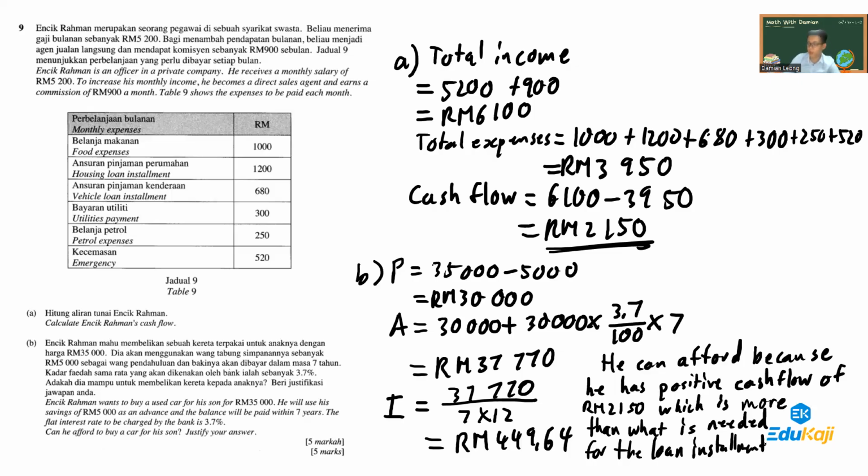Yeah, basically something like that. You don't have to follow my explanation word by word, but the general idea is that the positive cash flow is more than what he needs for the installment, so he can afford.